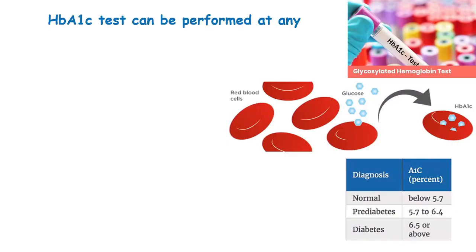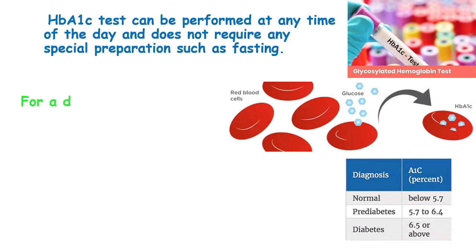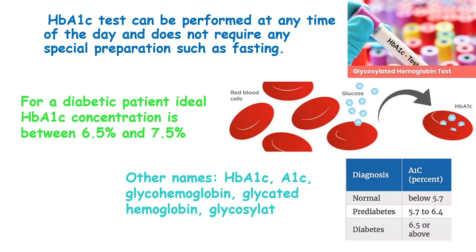The HbA1c test can be performed at any time of the day and does not require any special preparation such as fasting. For a diabetic patient, ideal HbA1c concentration is between 6.5% and 7.5%. Other names are A1c, glycohemoglobin, glycated hemoglobin and glycosylated hemoglobin.